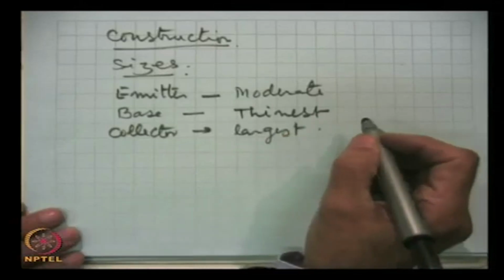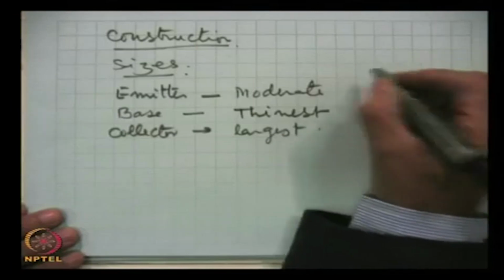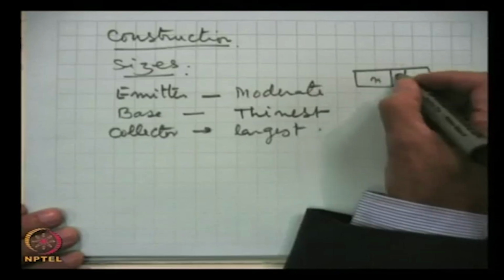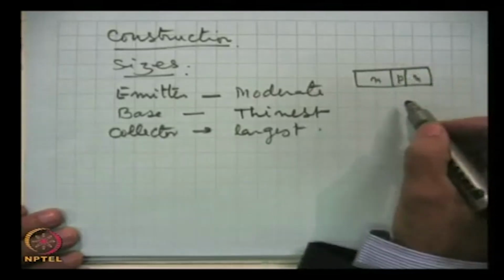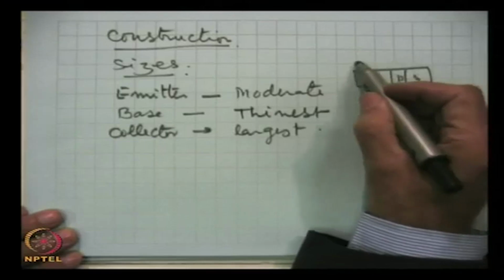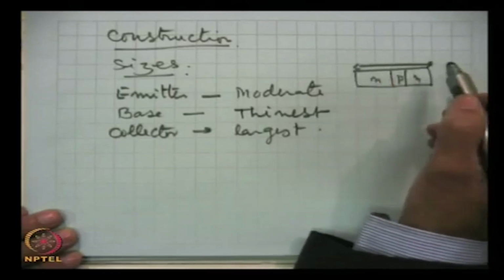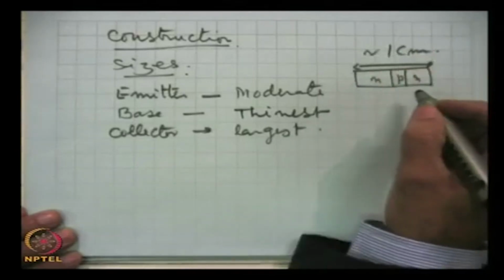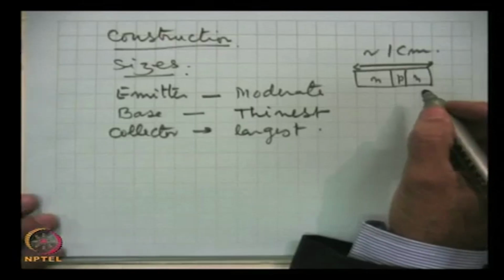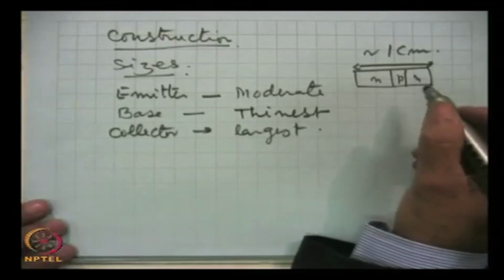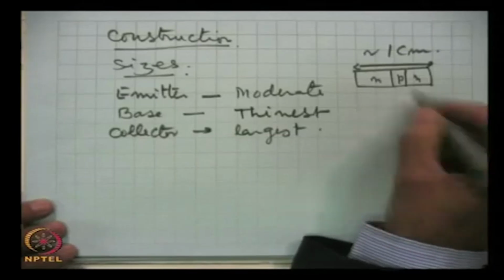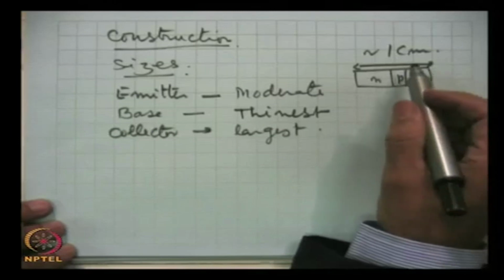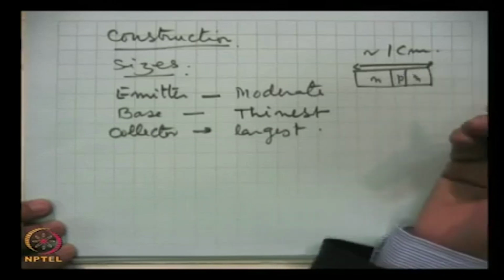And to give you the actual dimensions, when we talk of an NPN transistor, in discrete devices this total length may be around a centimeter. We are talking of discrete transistors, and in integrated circuits, where this is all on a chip, the sizes are reduced dramatically and the size may be smaller than a millimeter.